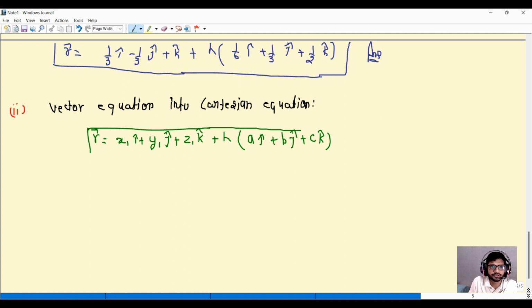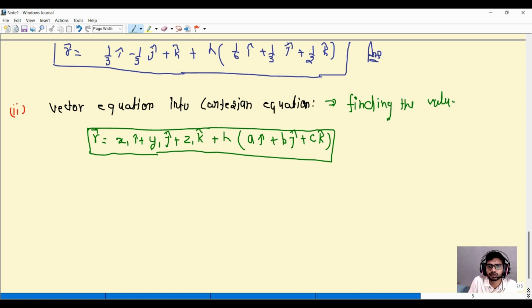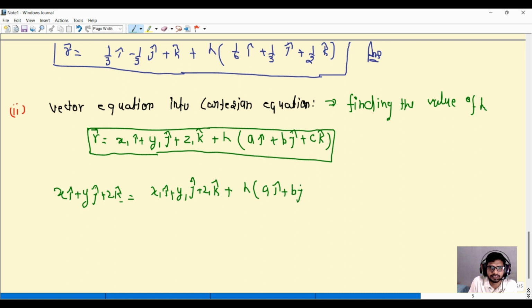So what will we do in converting the vector to Cartesian equation? In this, we are going to find the value of lambda. So r is given by xi plus yj plus zk equals x1 i plus y1 j plus z1 k plus lambda times ai, bj and ck.